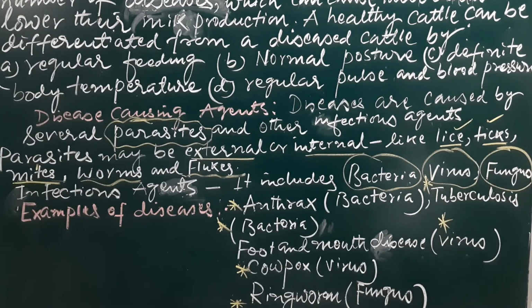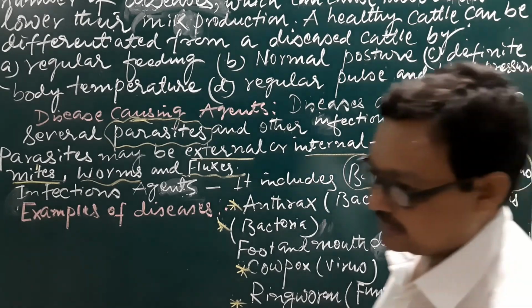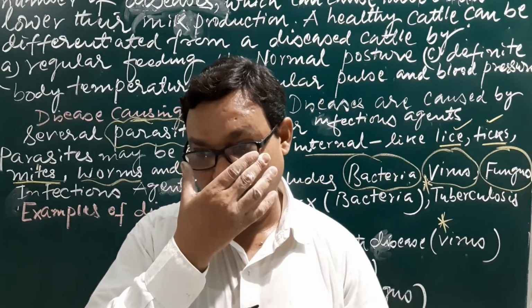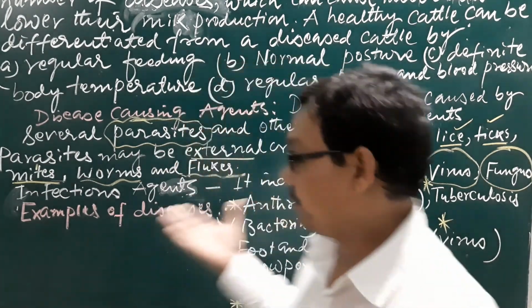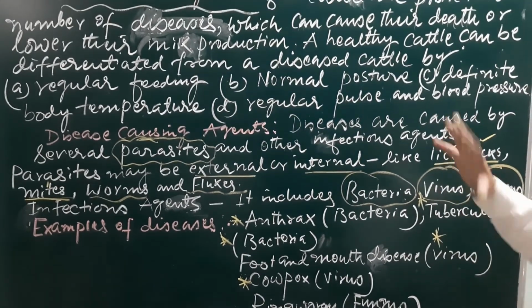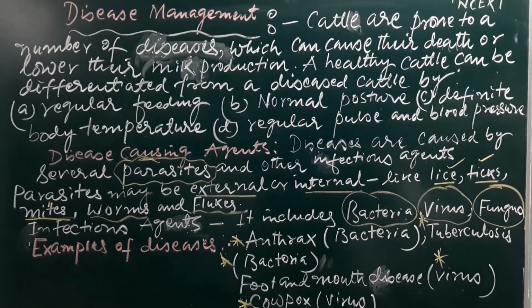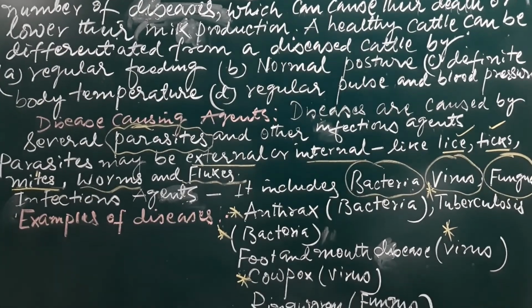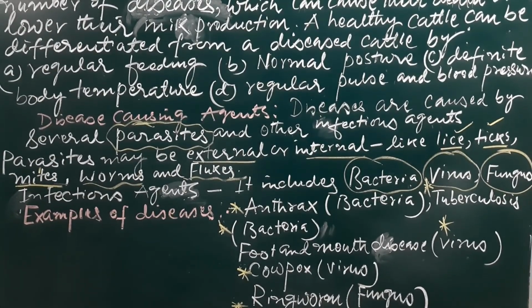Now today we have discussed a lot of things, and I hope that you understood everything, and I have also provided you brief notes on all the things. In the next class we will discuss poultry farming, fisheries and beekeeping.